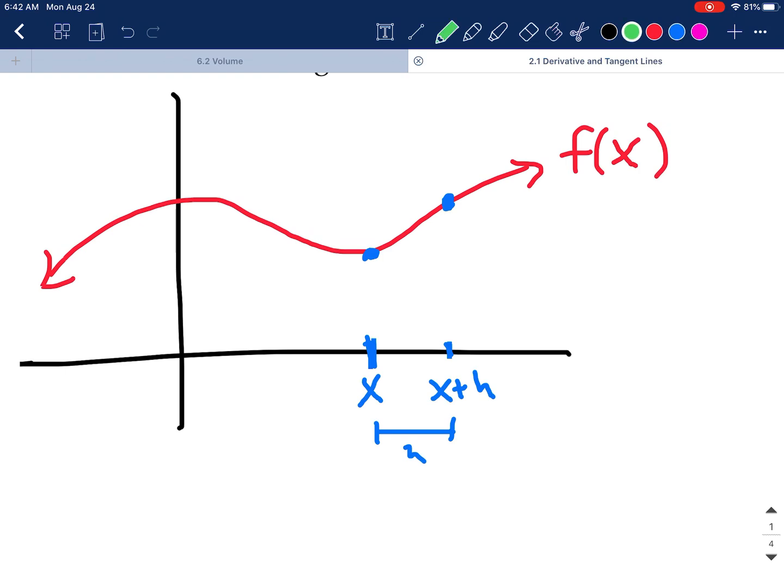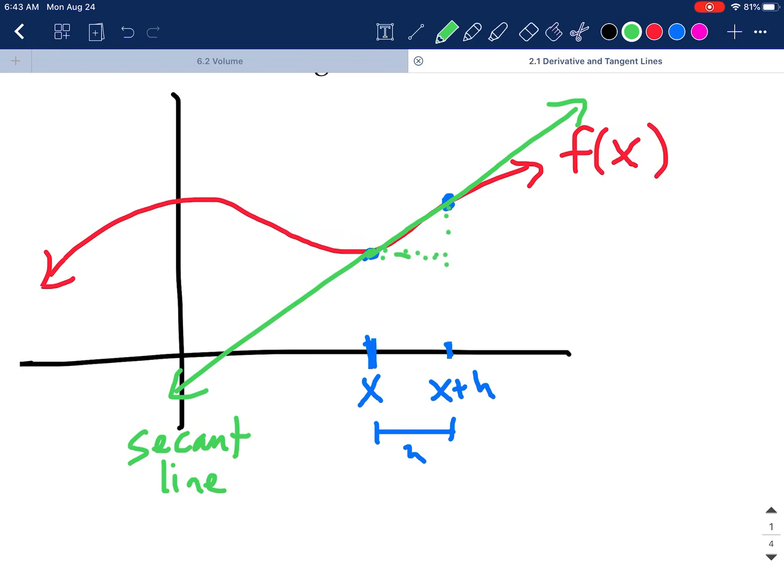And again, what we could do is create a secant line to approximate the slope at x. So again, whatever the slope is here, that's going to be our approximation of the slope at x.